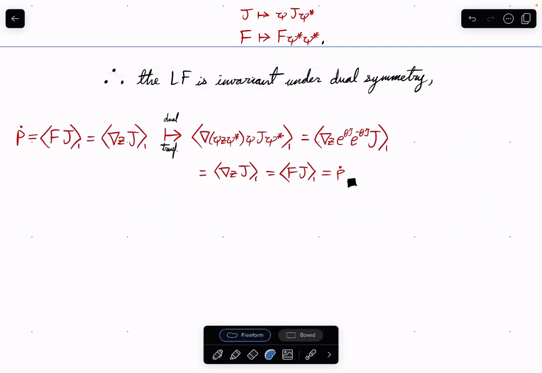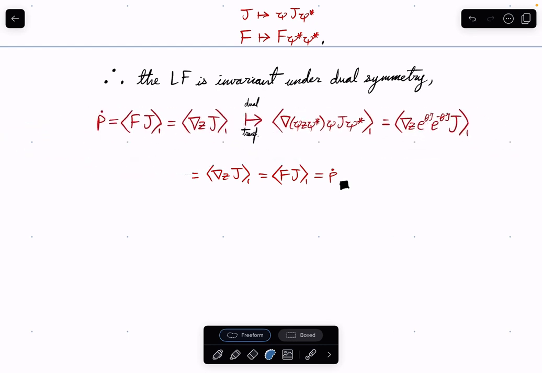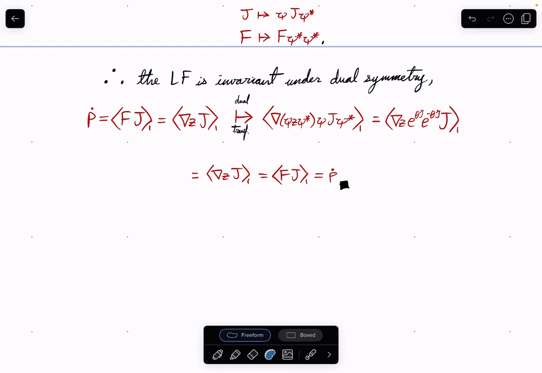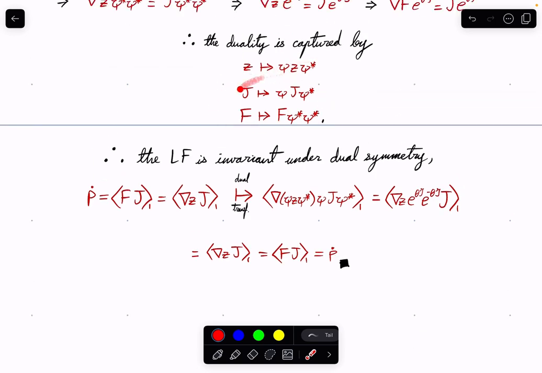So this is the result: when you apply this dual transformation to the Lorentz force law, it also is invariant. So we can see that this is actually the correct way to perform this transformation.